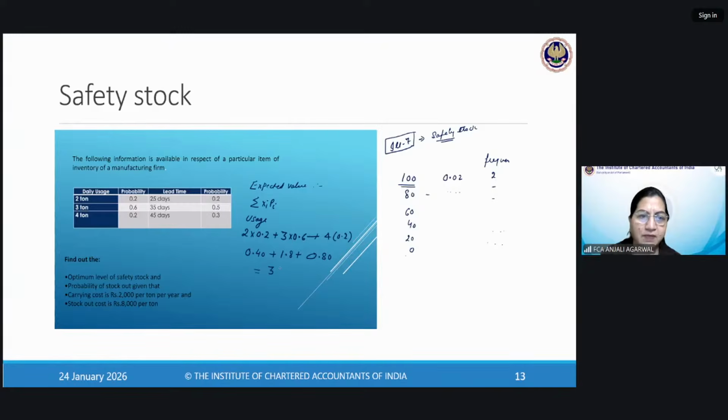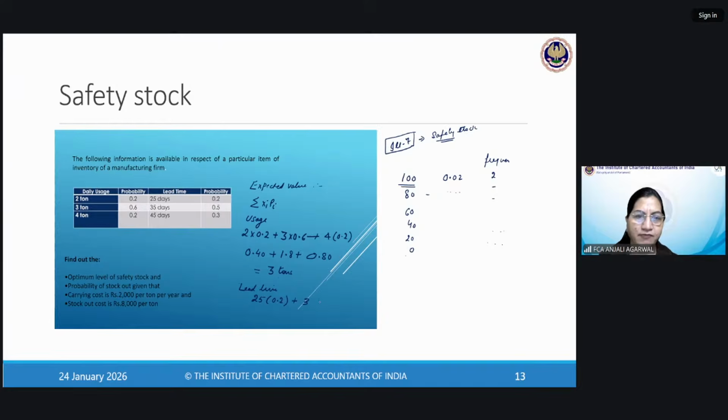So by chance, it is coming out to be exactly 3 tons. So average consumption is 3 tons. Let's look at average lead time. 25 days into 0.2. I hope this is clear.